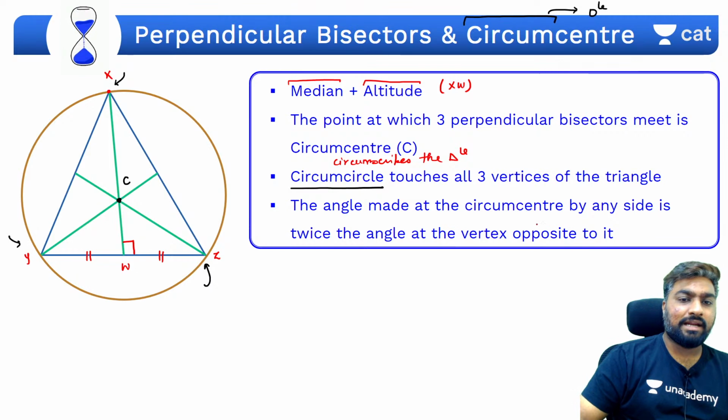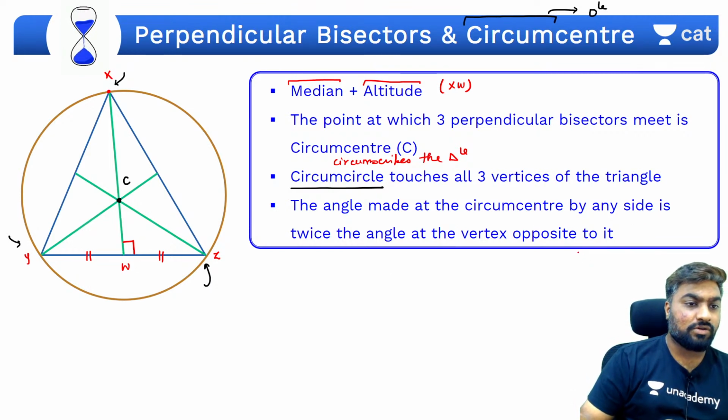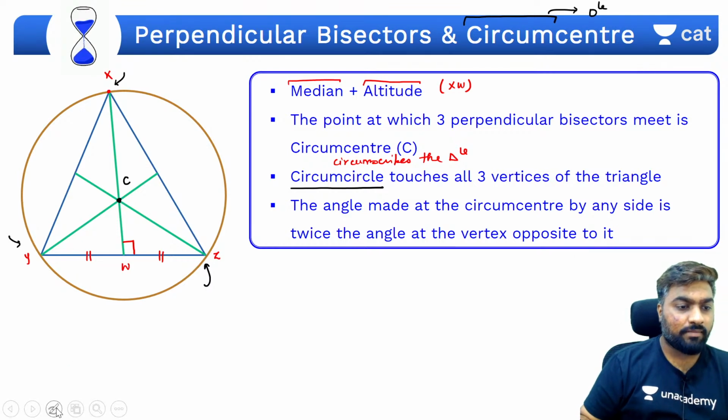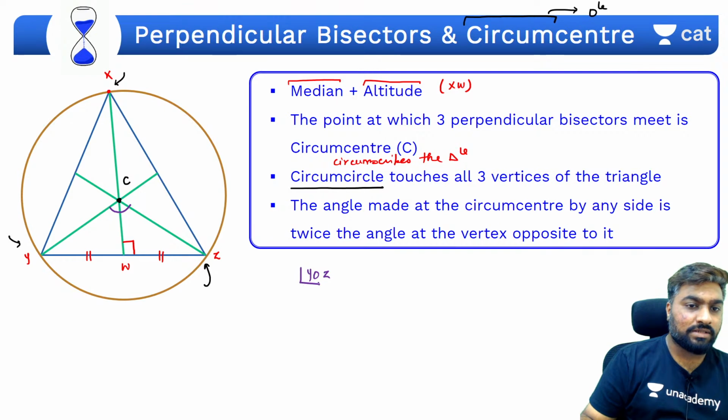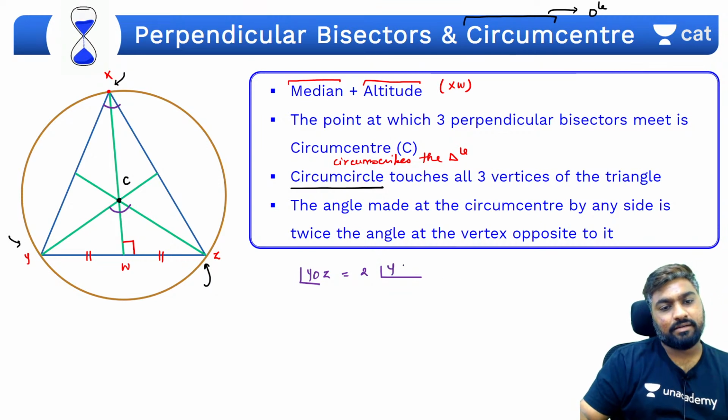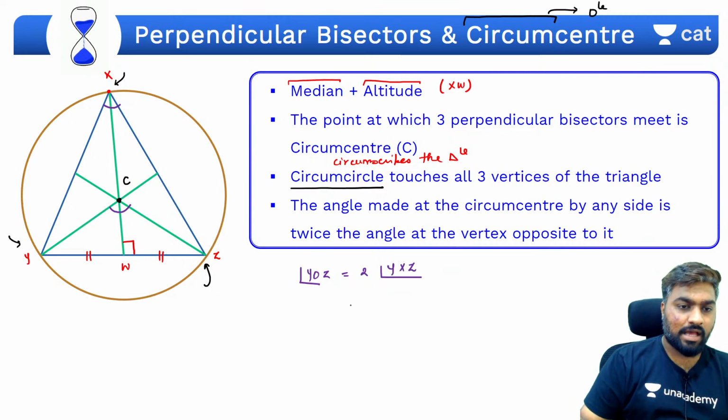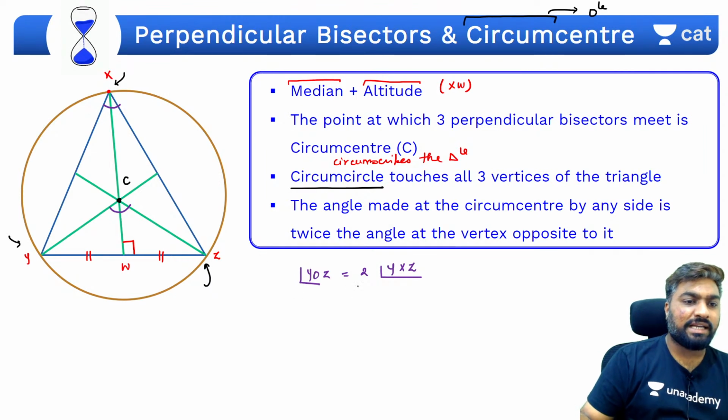And the angle made at the circumcenter by any side is twice the angle at the vertex opposite of it. Yes. तो अगर मैं यहाँ पे एक angle बनाऊं, if this is the angle YOZ, yes, angle YOZ will always be 2 times the angle formed here, YXZ. Are you getting this? ये प्रॉपर्टी आपका सर्कल से आता है. ये प्रॉपर्टी सर्कल की प्रॉपर्टी है, सर्कल्स प्रॉपर्टी.